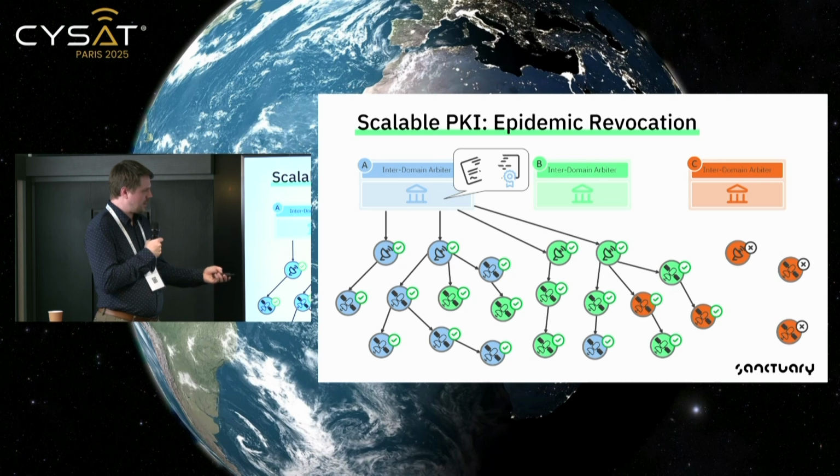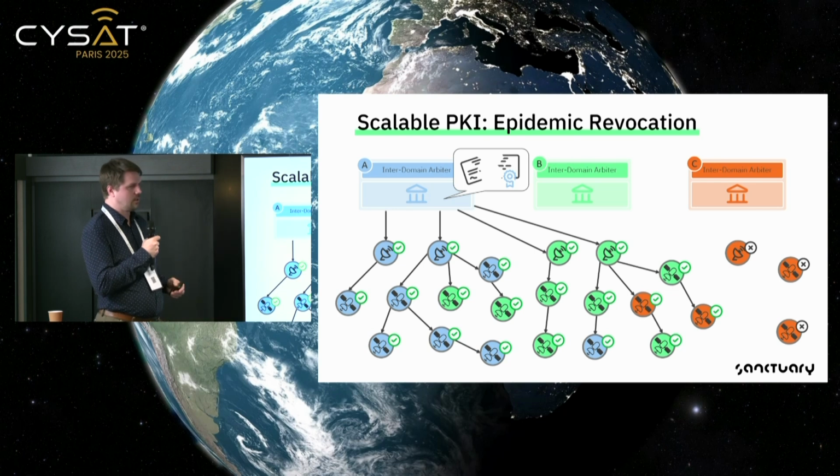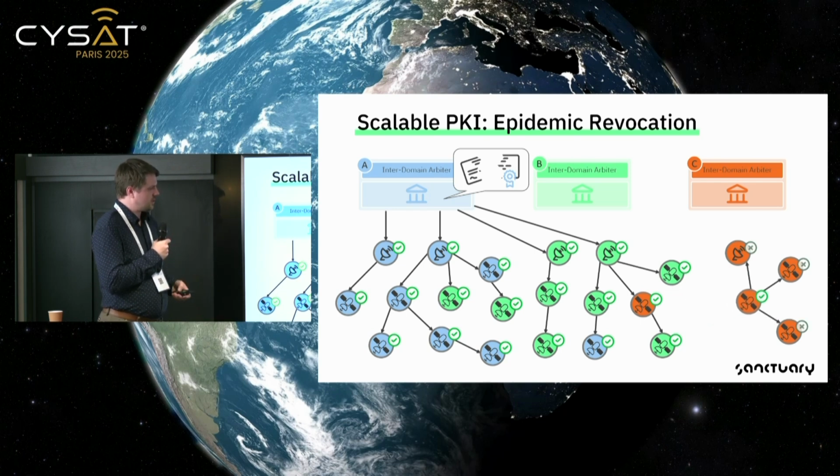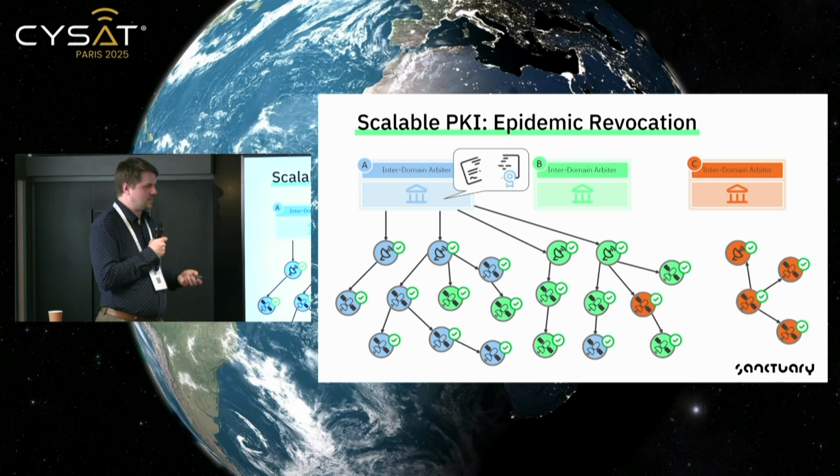And maybe some nodes are out of range at the time of the issuing, but due to the mobility of the nodes, of course, this can also change. Eventually they will have contact, and then they also get updated. And this leads to very fast and efficient distribution of revocation information.